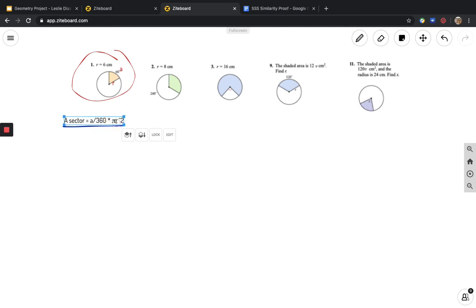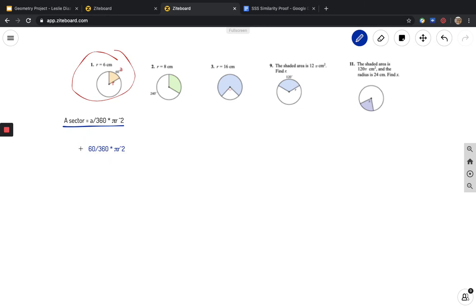So what we're going to do is set up our equation further down here, and we're going to write it in blue so you guys can see. We are going to have 60 degrees over 360, and we're going to multiply that by pi r squared.